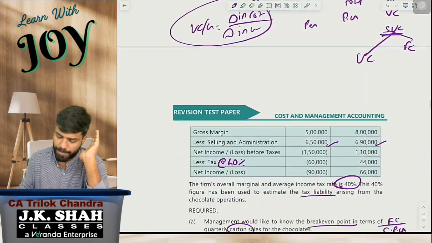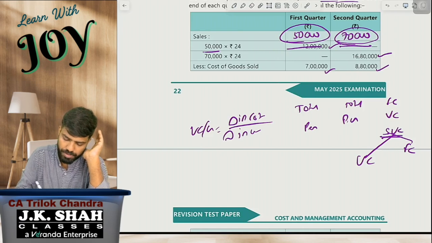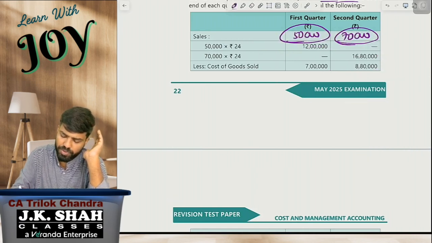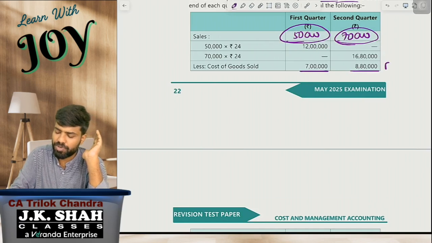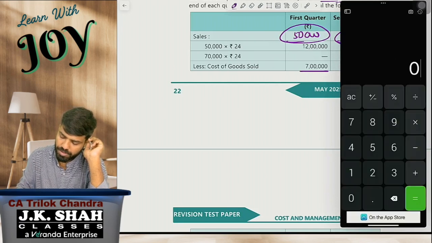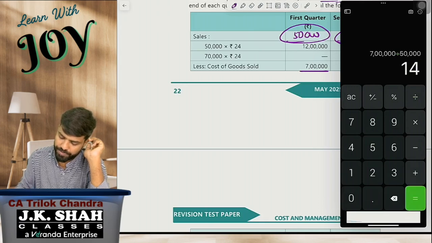Okay, listen to me carefully. First, cost of goods sold 7 lakh, 8 lakh 80,000. So it is not a fixed cost. 7 lakh divided by 50,000 equals 14.